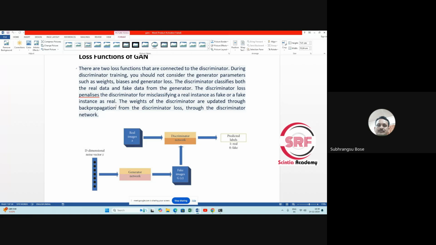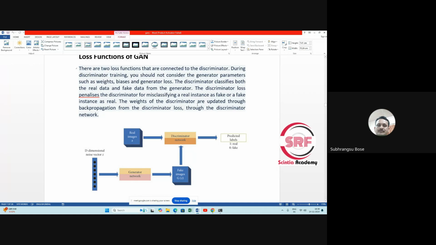But in the case of generator loss, our aim is to minimize the loss. There is a beauty in the two losses. We want one loss to be minimized and the other loss to be maximized. What is the total? The total is the product of the two losses. The total value will be the minimum.